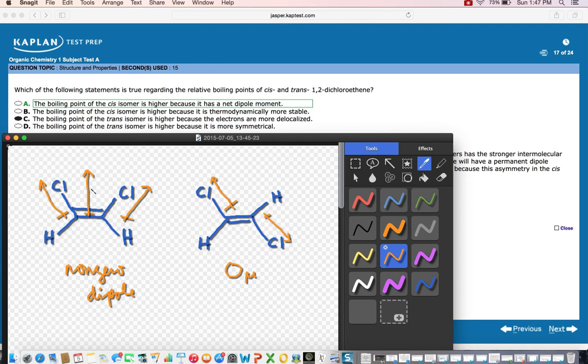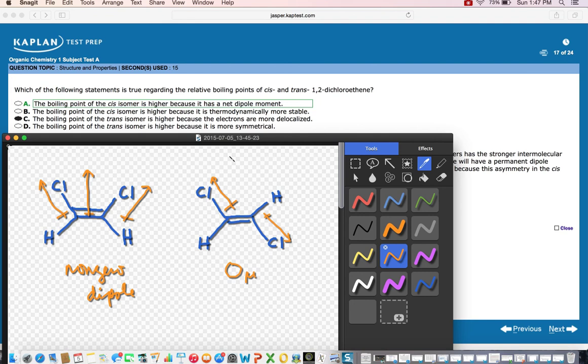The IMF should be greater with the cis compound as compared to the trans because I have a dipole with the cis and not with the trans, which means the boiling point of the cis should be greater than the boiling point of the trans because it has a net dipole moment, which means it has more significant intermolecular forces. Now, remember when you start talking about boiling points, IMF is the key descriptor.